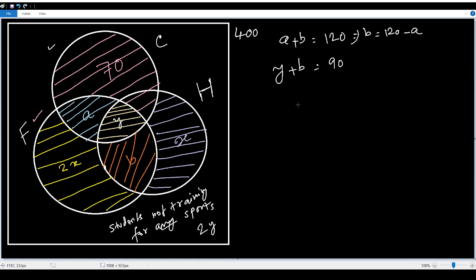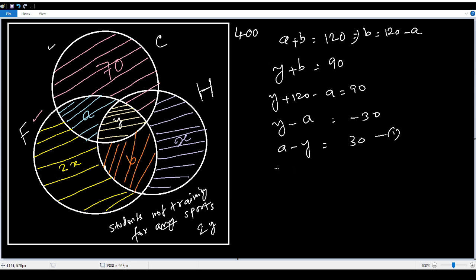And we have b is equal to 120 minus a, so 120 minus a is equal to 90. So y minus a is equal to minus 30, or a minus y is equal to 30. This is one equation, we can keep it aside.